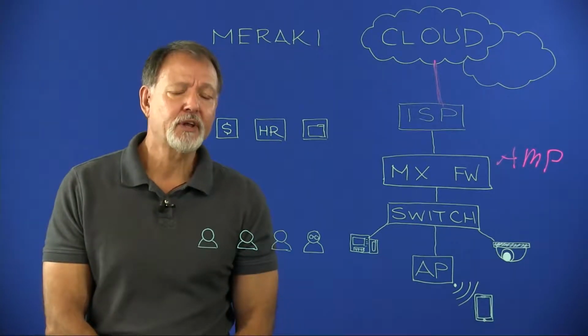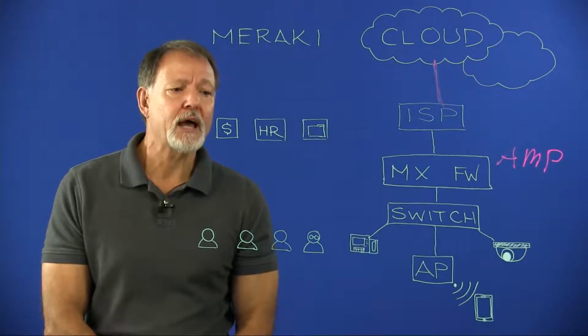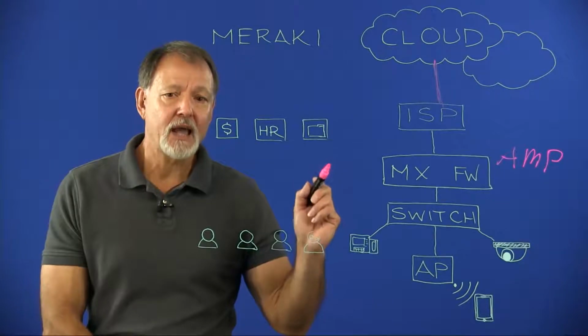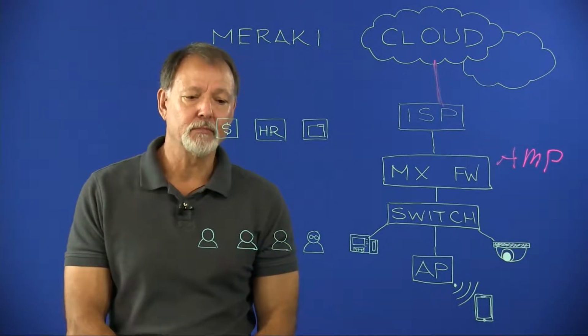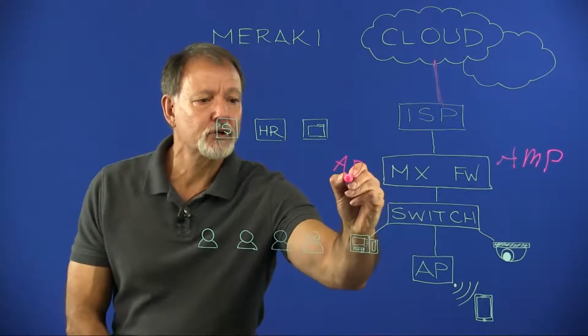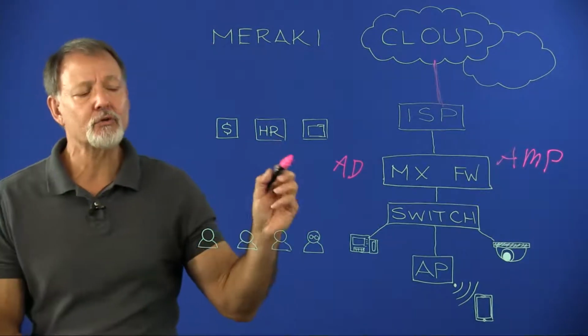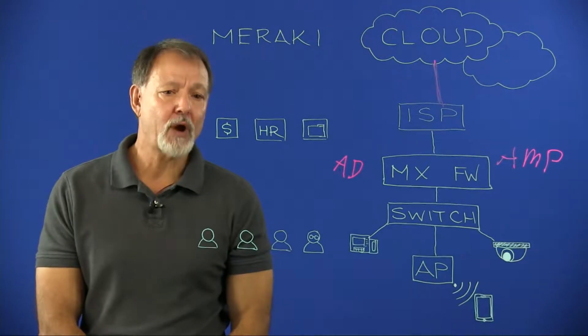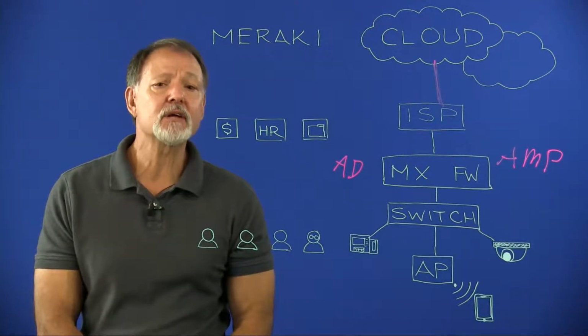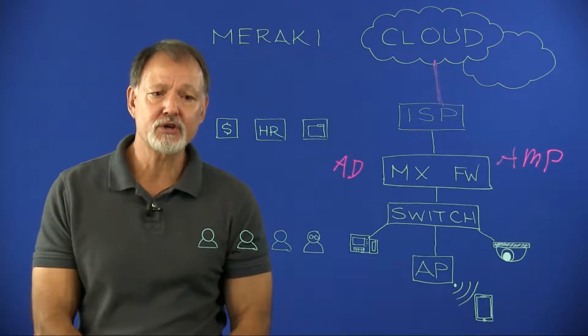From an internal standpoint, you want to be sure that your data is protected and that the right individuals have the access that they need for their position. So for that, the MX Security Appliance has integrated into it our Active Directory. In other words, you can set access based on the roles within your organization.